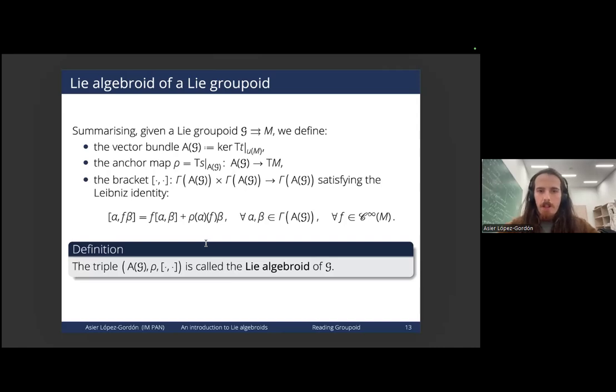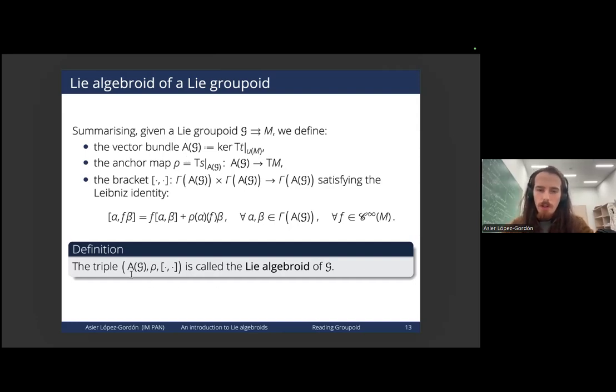So summarizing, given a Lie groupoid, we will define its Lie algebroid as follows. We will define the vector bundle given by the kernel of the restriction to the identity of the tangent of the target, the anchor map, which is the tangent of the source restricted to this vector bundle, and the bracket of sections satisfying the Leibniz identity which we've just proven.